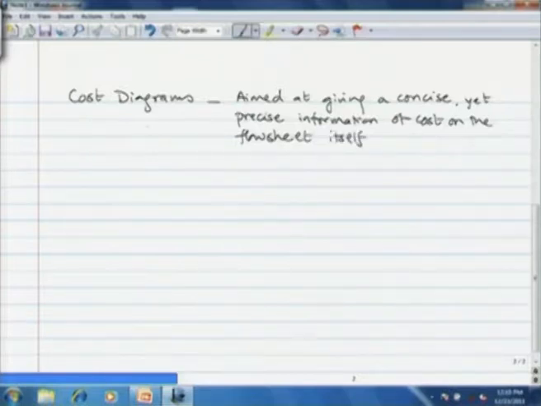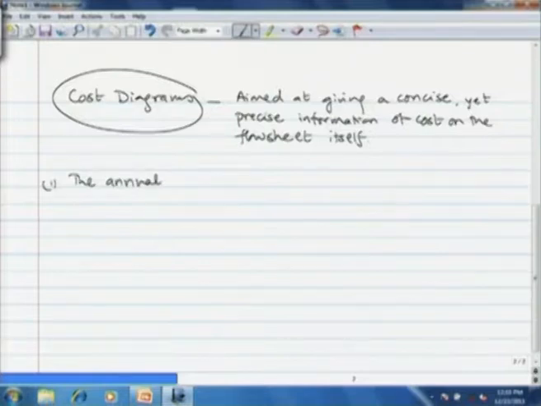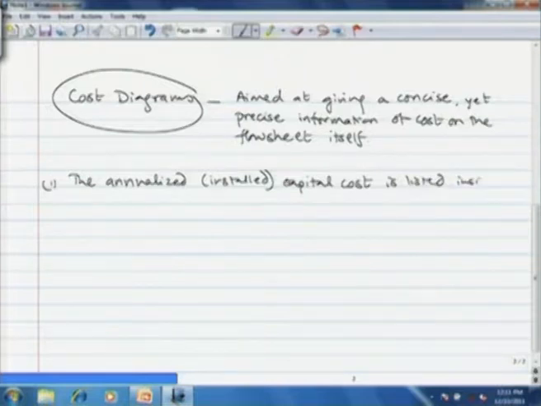So how is a cost diagram prepared? The annualized capital cost, but of course the installed capital cost, is listed inside the equipment box.